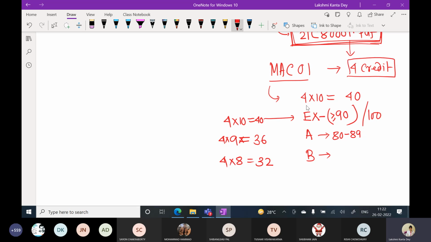If it is 3 credits, then the total credit point is 3 into 10, 30. Out of 30, if you score EX, then it is 30. If you score A, 3 into 9, 27, like that. So it depends on the credit allotted for a particular course, a particular paper.